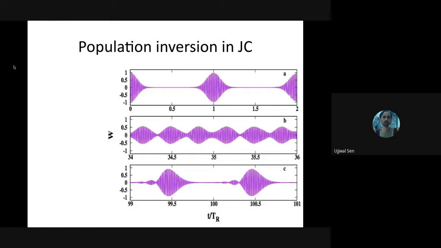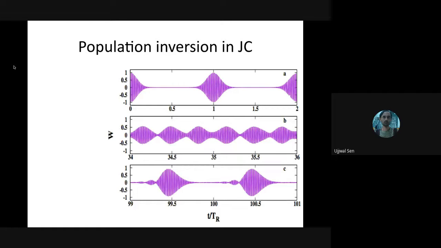And now this picture, we drew it on our computers, but it is a very old picture. People have worked on it for decades now. It's something called the population inversion in the Jaynes-Cummings model. It's essentially the magnetization of the atom in the Jaynes-Cummings model.